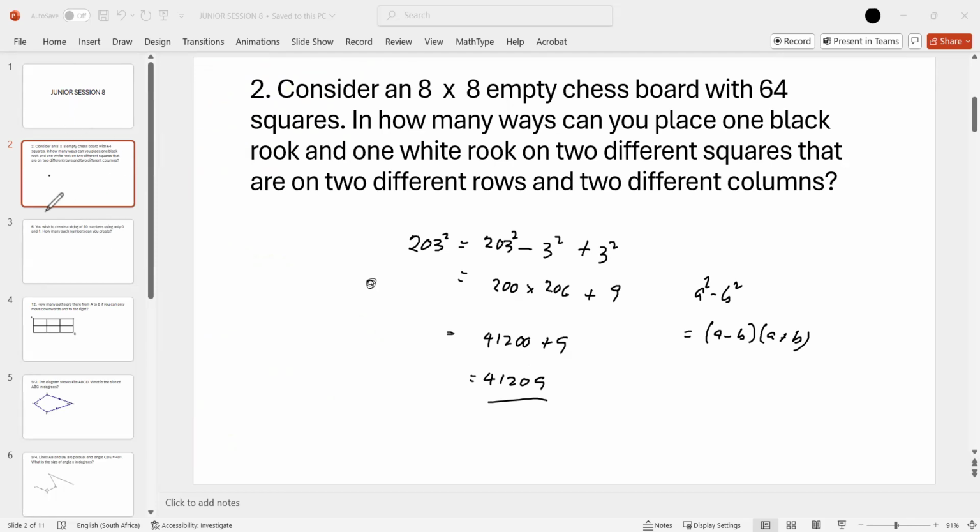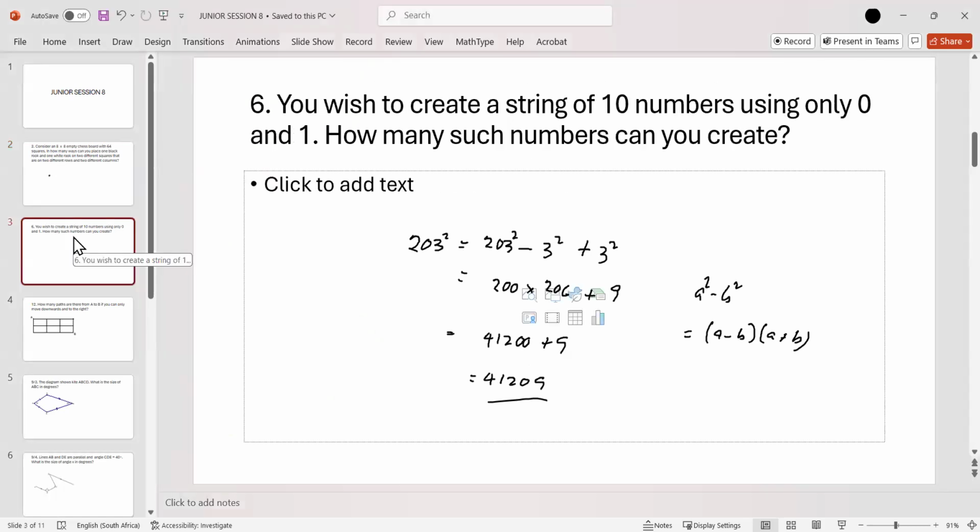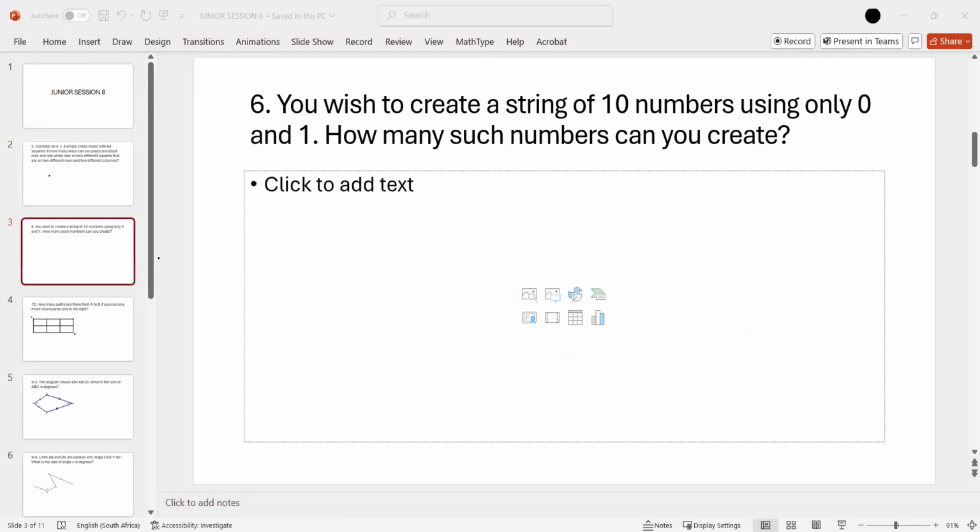Okay, so we can now get on to the next problem. You want to create a string of 10 numbers using only 0 and 1. How many such numbers can you create?